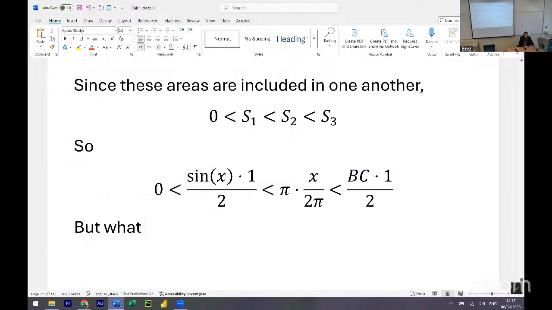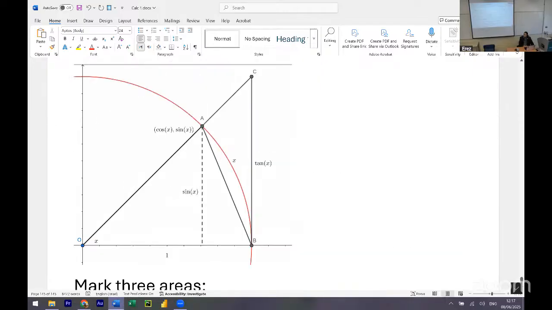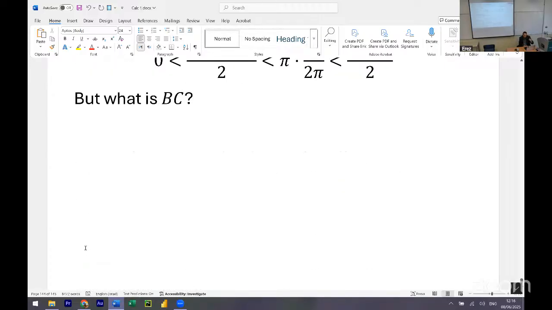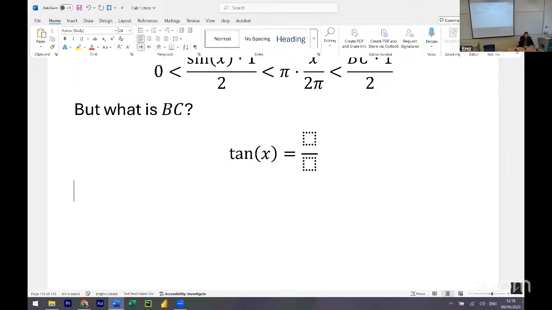But what is BC? We can use the ratio within a right angle triangle, because COB is a right angle triangle. So CB over OB, opposite over the adjacent, TOA, right? It's the tangent. The tangent of X is BC over OB.